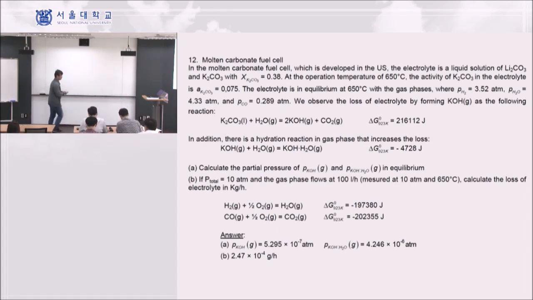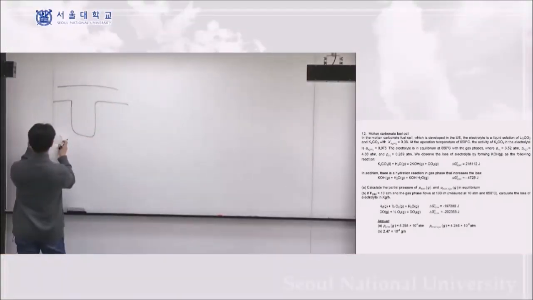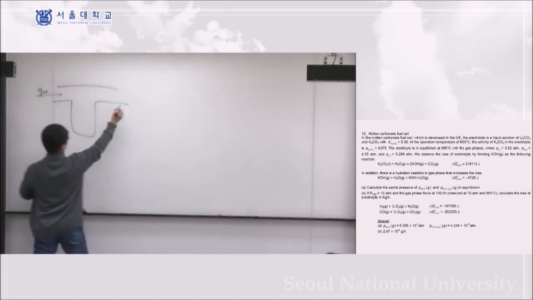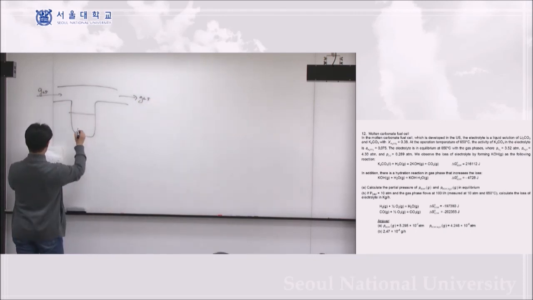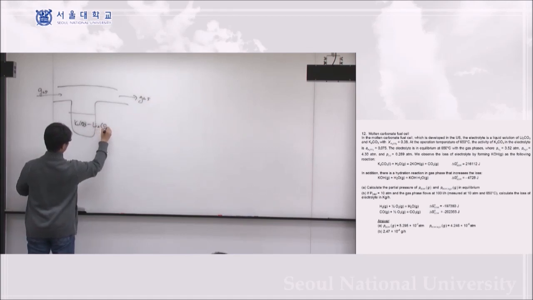Okay, let's look at this one schematically. The reactor is like this: we have inlet gas here and outlet gas. Inside here, we have a K2CO3 and Li2CO3 mixture.